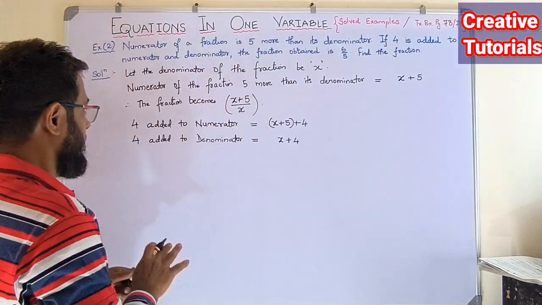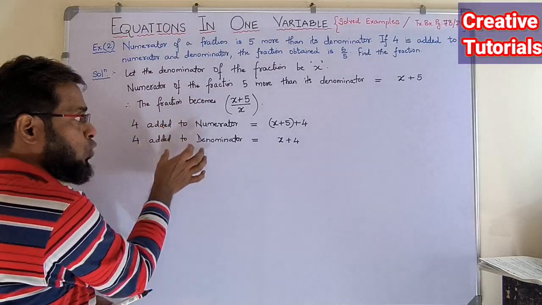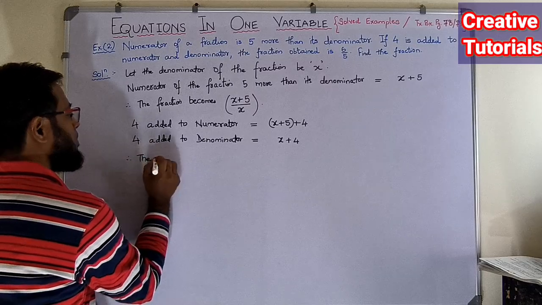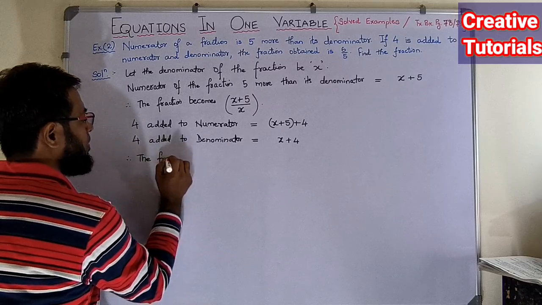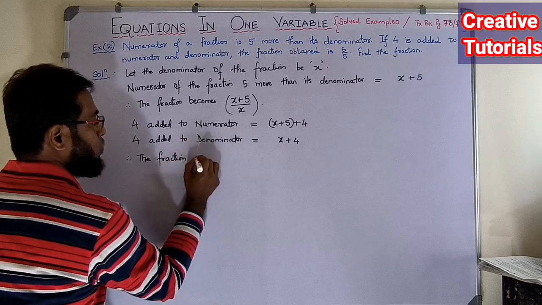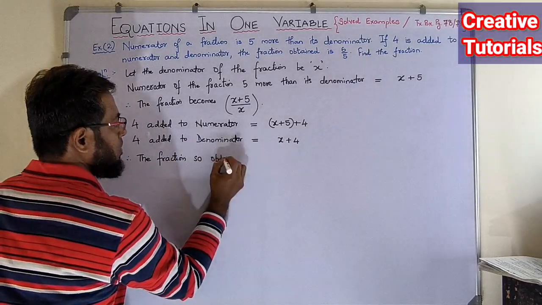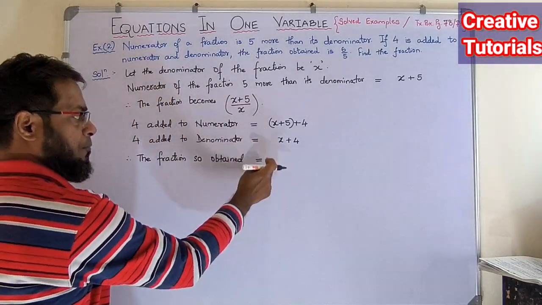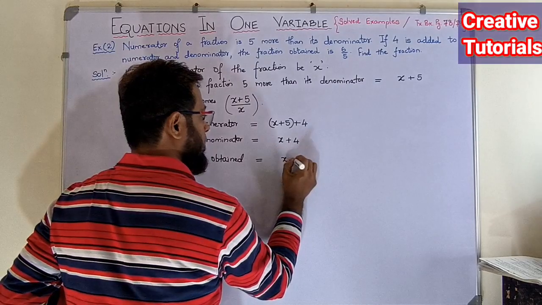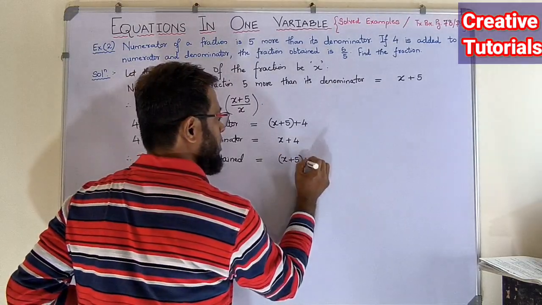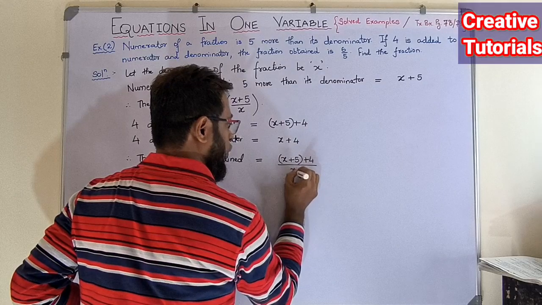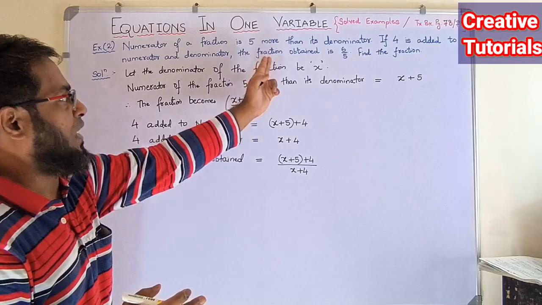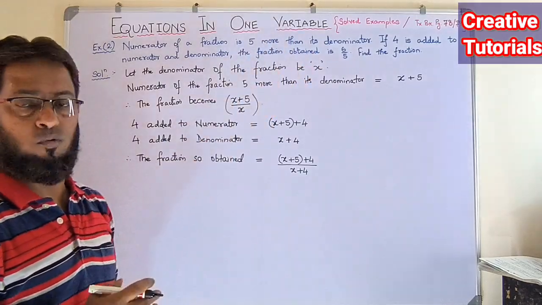So after adding these, the new fraction so obtained is equal to numerator upon denominator. The condition says that this fraction obtained becomes equal to 6 upon 5.